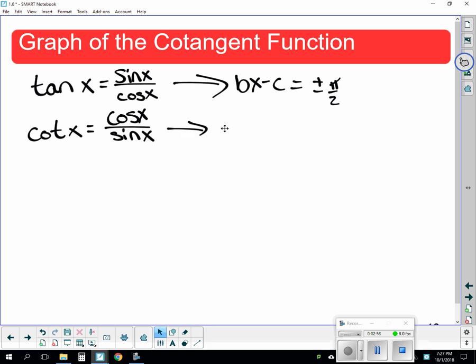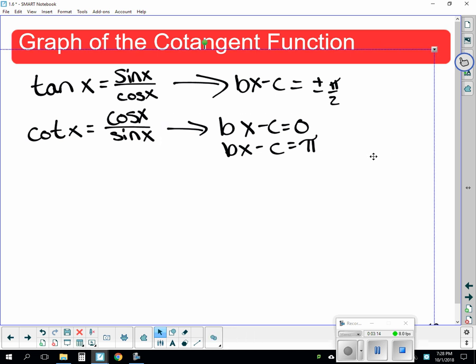For cotangent, it's pretty similar. It's bx minus c equals 0 and bx minus c equals pi that you use to find your two vertical asymptotes. So same steps that we did before, just using these new formulas.